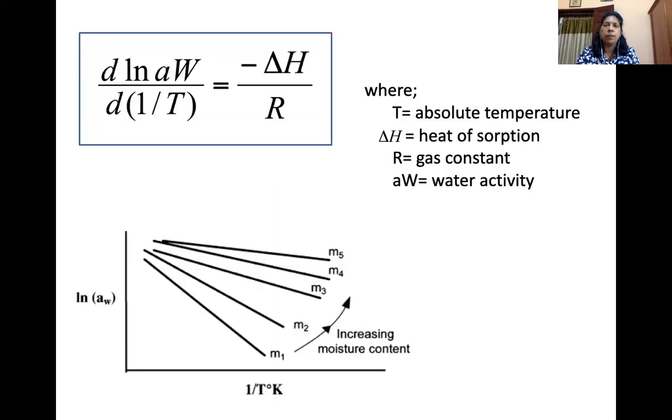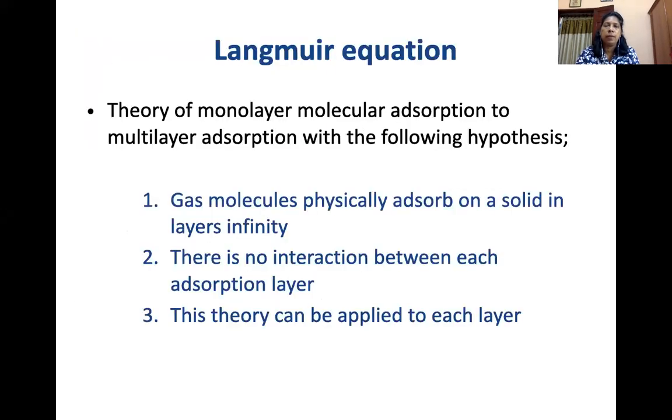I'm not going to explain much, but this equation is called the Langmuir equation. It describes the theory of monolayer molecular adsorption to multilayer adsorption with the following hypothesis. One is that gas molecules physically adsorb on a solid in infinite layers.